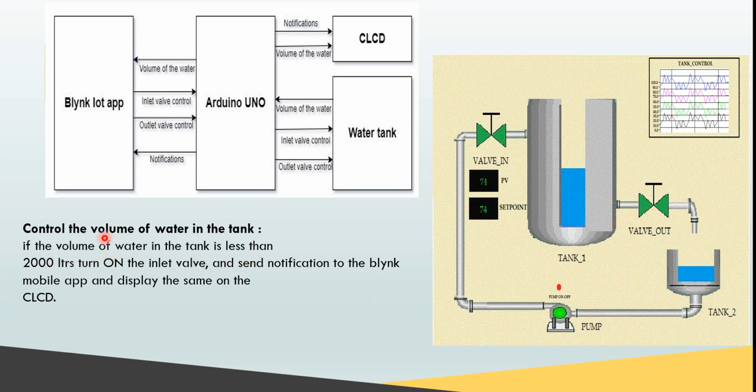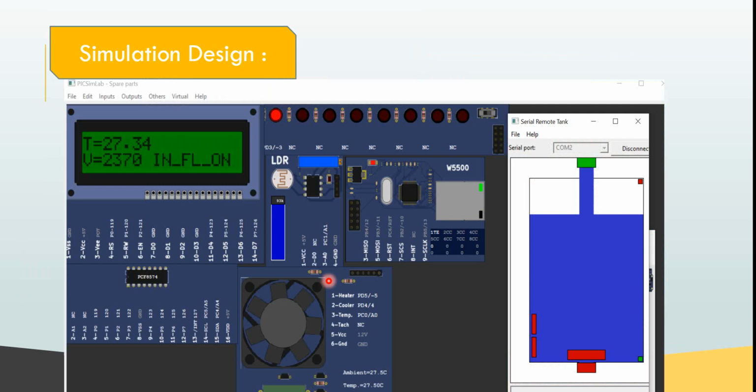Here we do one more thing: if the volume of the water tank is less than 2000 liters, it turns on the inlet valve, sends a notification to the Blink mobile app, and displays the same on the LCD display. Automatically it turns on, and when it fills, it automatically turns off. That's the procedure we followed.